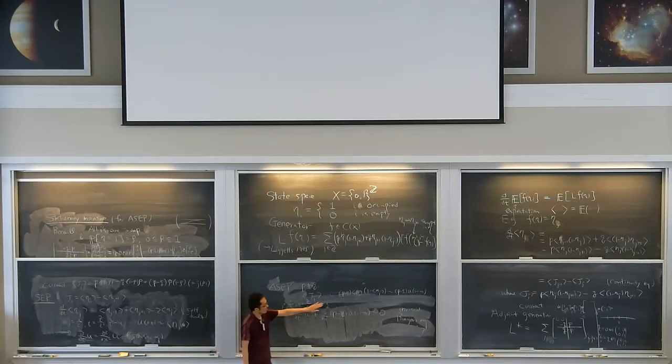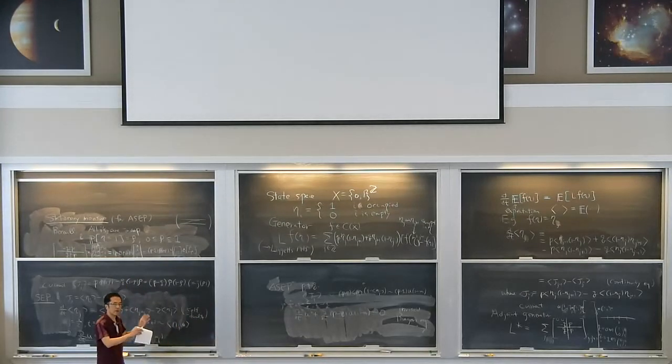And even though this is too heuristic, it is known that this is the correct hydrodynamic description of the ASEP when p and q are not equal. ASEP is really a microscopic model with stochastic dynamics.